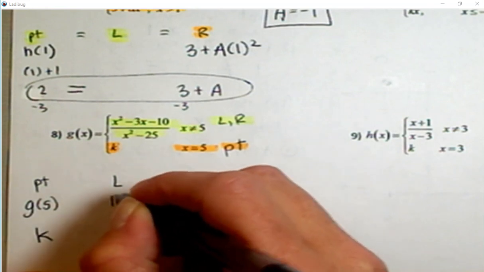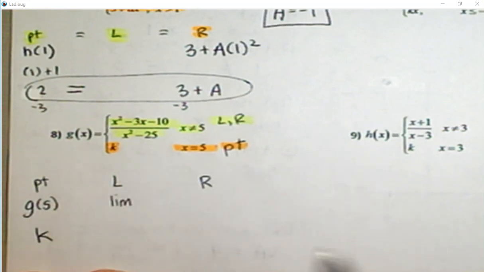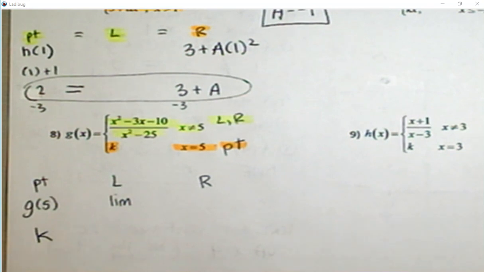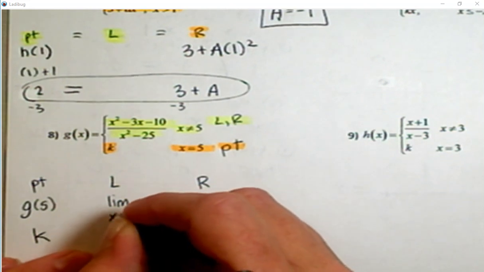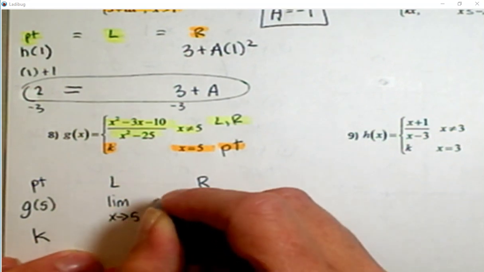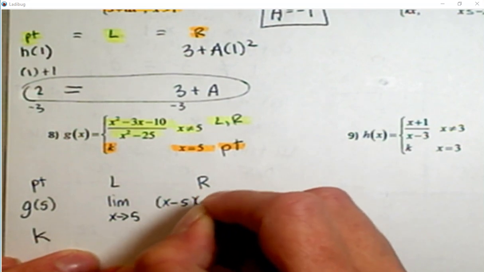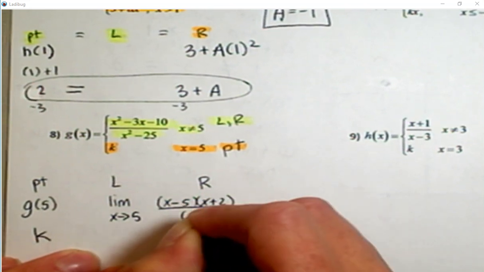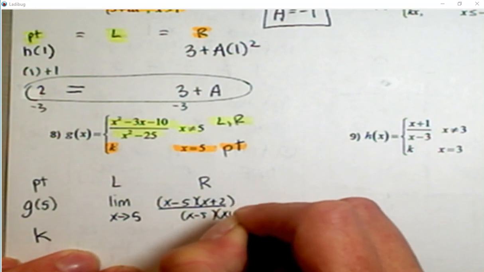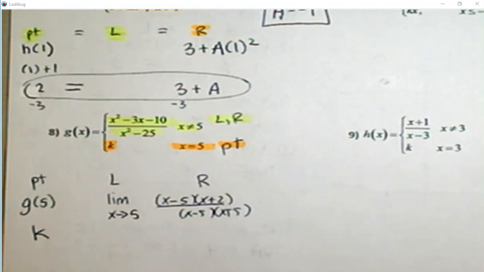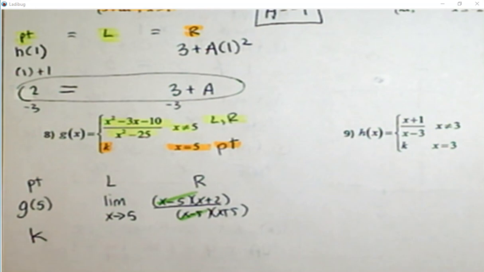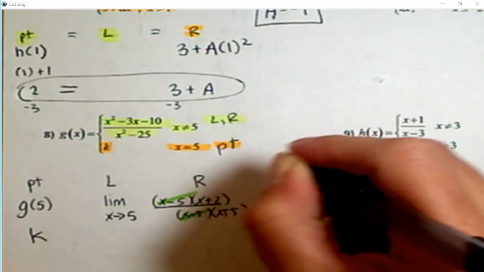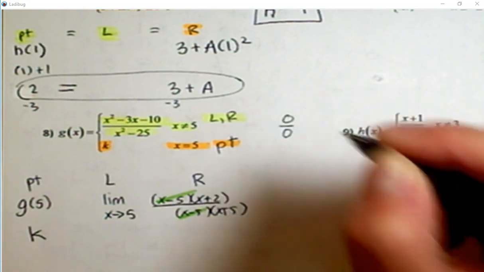Okay. Because this takes a little more than just direct substitution, I'm actually going to do the work here. So the limit as x approaches 5. Oh, okay, because I did get 0 over 0.